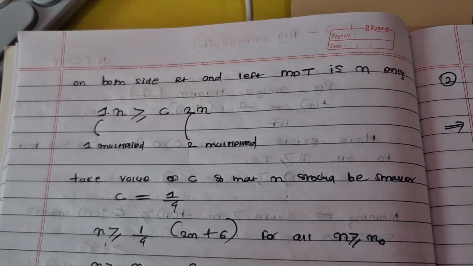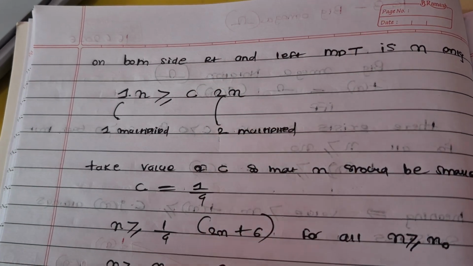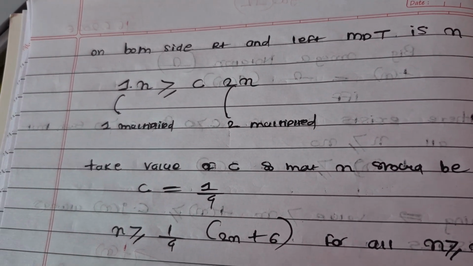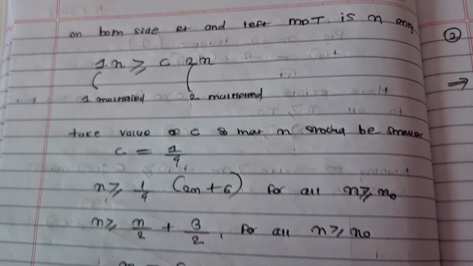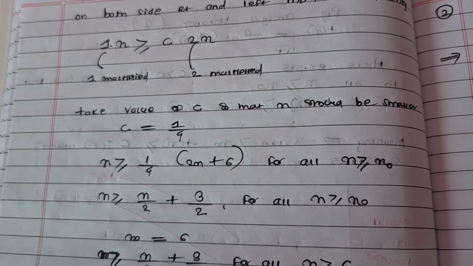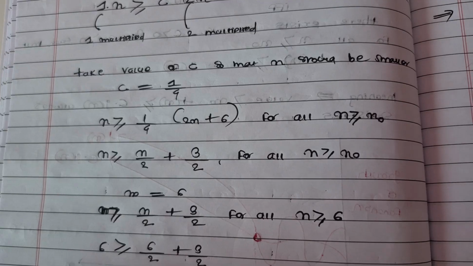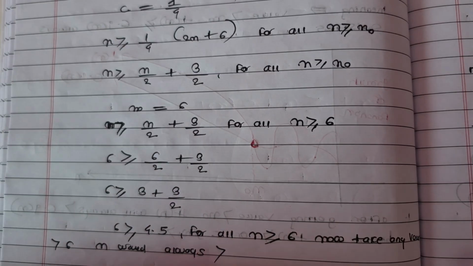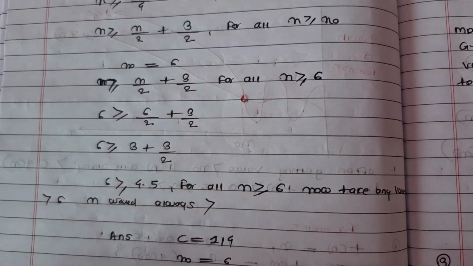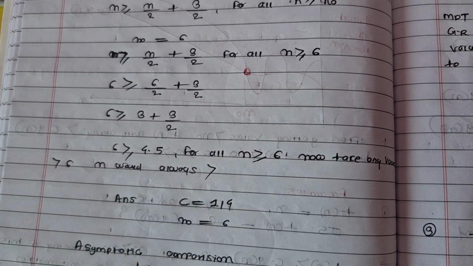On the left side only n was there, which means 1 dot n, and on the right 2 dot n is multiplied. So we need to take the value of c so that it is always less than n, and we have taken it accordingly, and it satisfied the equation, which is c is 1 by 4 and n naught is 6.